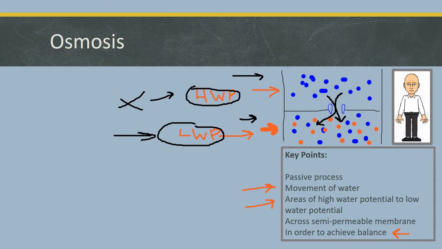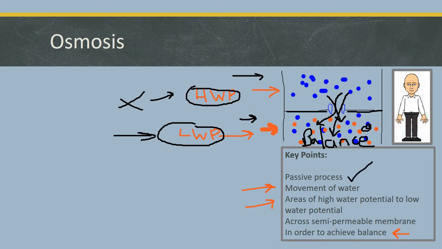So what we get in osmosis is the movement of water from high water potential to low water potential, and what that's trying to do is balance or dilute this side of the barrier, the semi-permeable membrane. It's trying to dilute this area to make it more watery, and it will continue to do so until it achieves balance, or there's no more water left to move, or there's some other force acting upon it. And that's what we mean by osmosis.